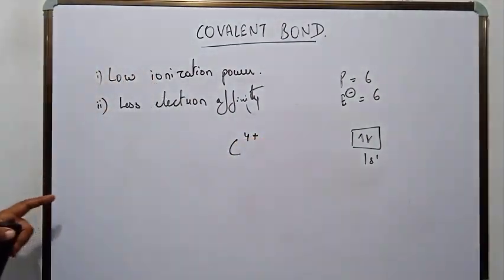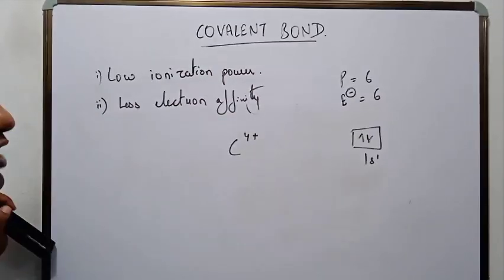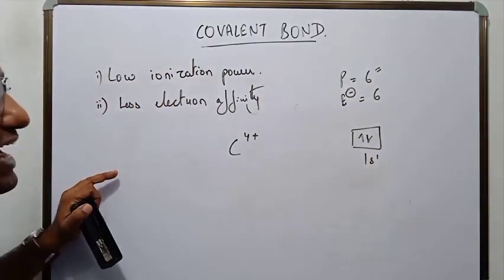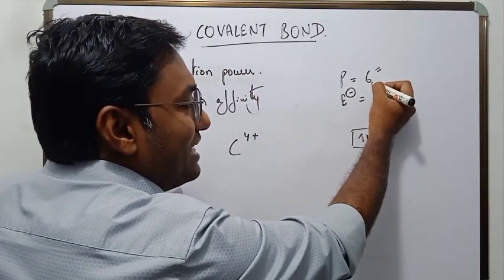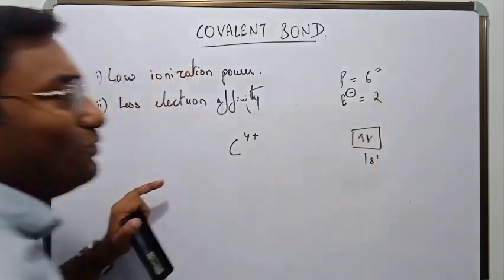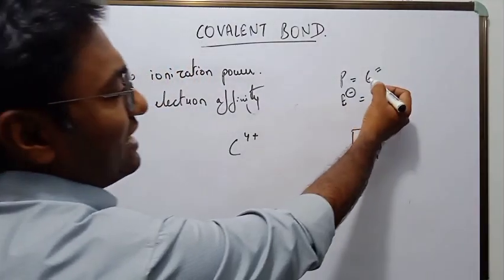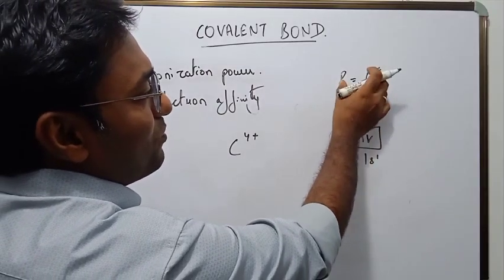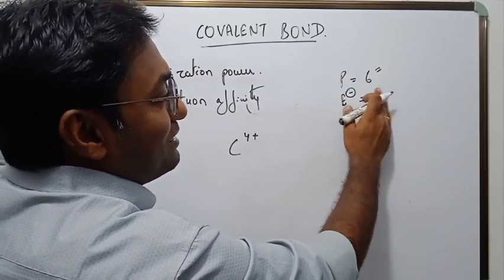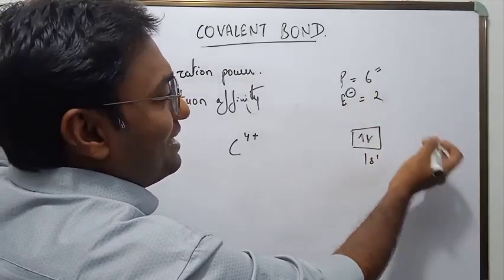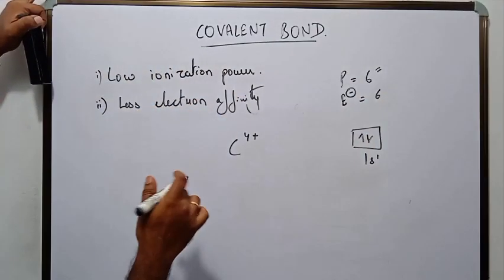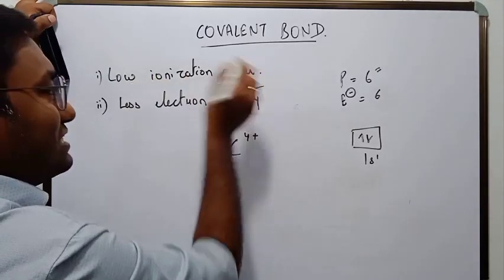But that scenario will never occur because the number of protons is constant at 6. The protons will never let it lose that many electrons. So this is proof that carbon has low ionization power.